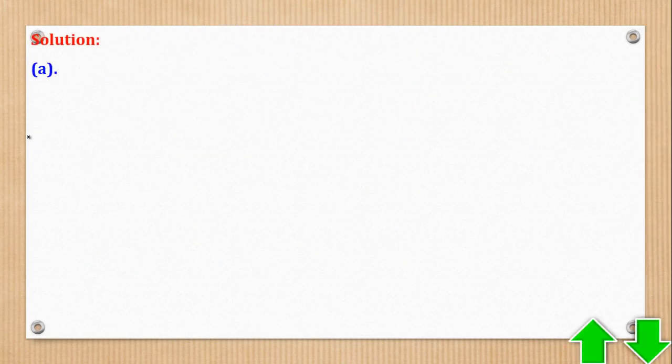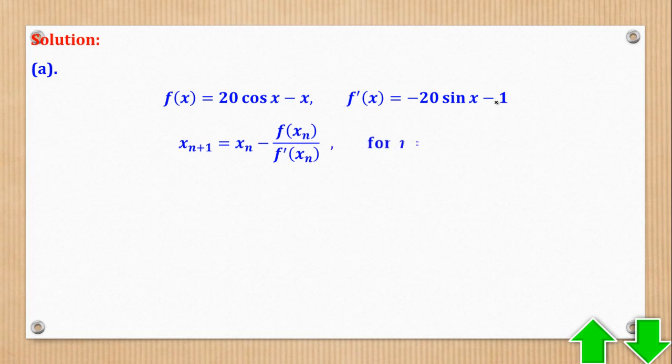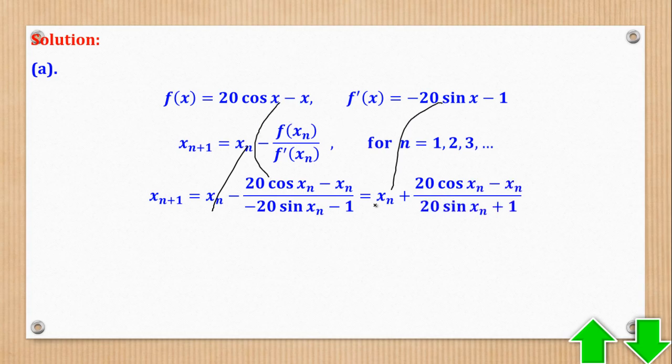So given this equation, that implies f(x) is that. When I differentiate this, I come up with this. Then from there, I can quote the Newton-Raphson formula and substitute xn, f(x), and f prime(x).